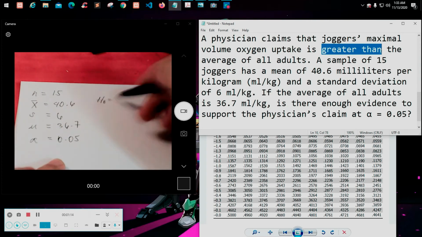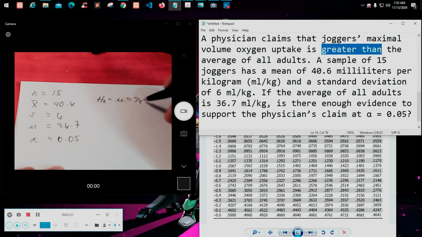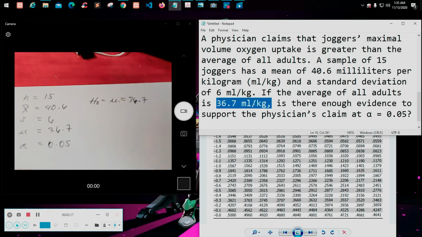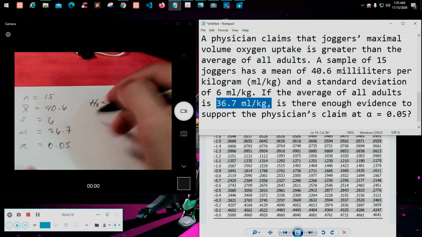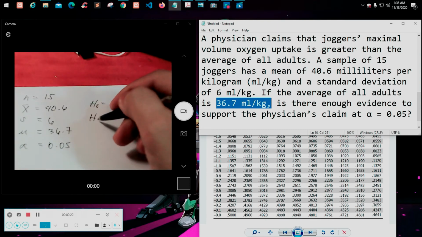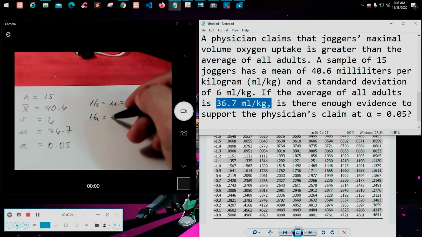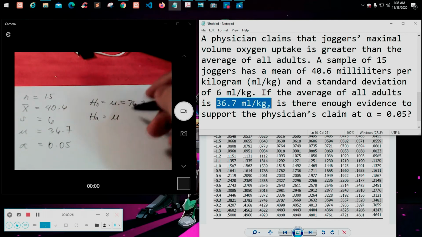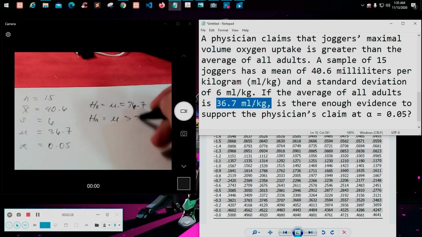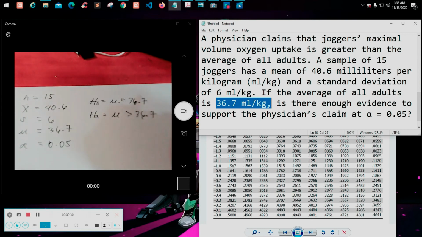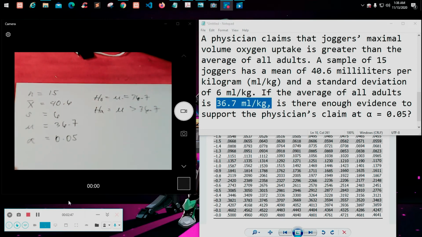Yung null hypothesis natin is equal yung mean natin to 36.7. Alternative, which the physician claims, is greater than 36.7.